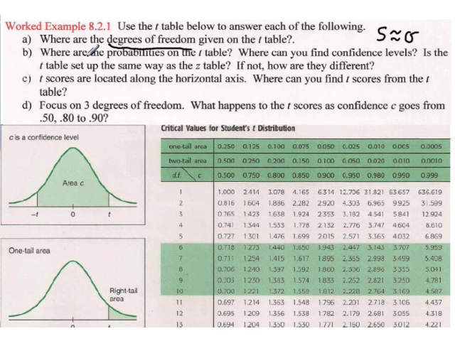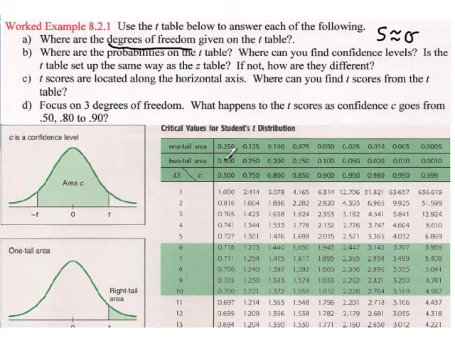So, where are the probabilities on the t-table? The probabilities are the same thing as area, and you'll see going across the very top row that you have one-tail areas, or probabilities. They range from 0.250 to 0.125, all the way down. And conveniently, they also have two-tail areas. Notice the two-tail areas are exactly double the one-tail, and that should make sense.